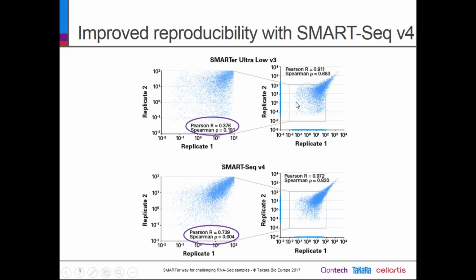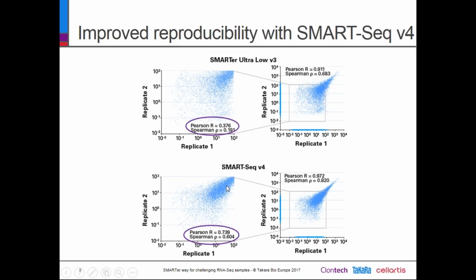But this difference is even more pronounced when we analyze the lower part of each chart, because here we will have the transcripts that are expressed in a lower amount, so those which are more rare. And if we only zoom in on this part, what we see is that the coefficients of correlation with version 3 were below 0.4, while with SMART-Seq V4 we are above 0.6.